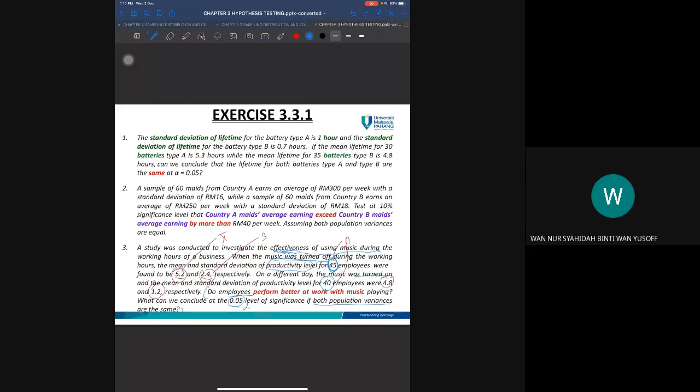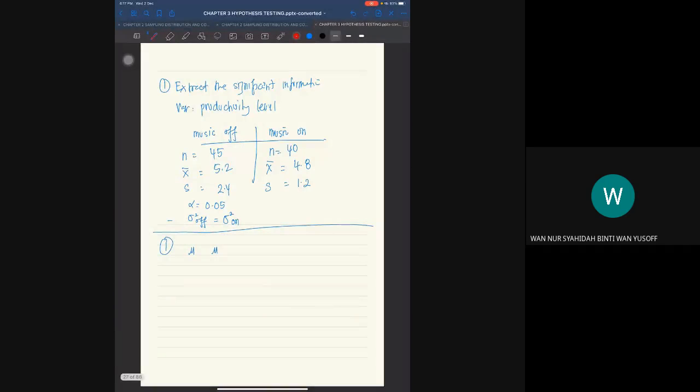Why on? Why do we decide on should be the first one? Because of what? Work with music. With the music playing. The keyword here is music playing. So on should be the first one.